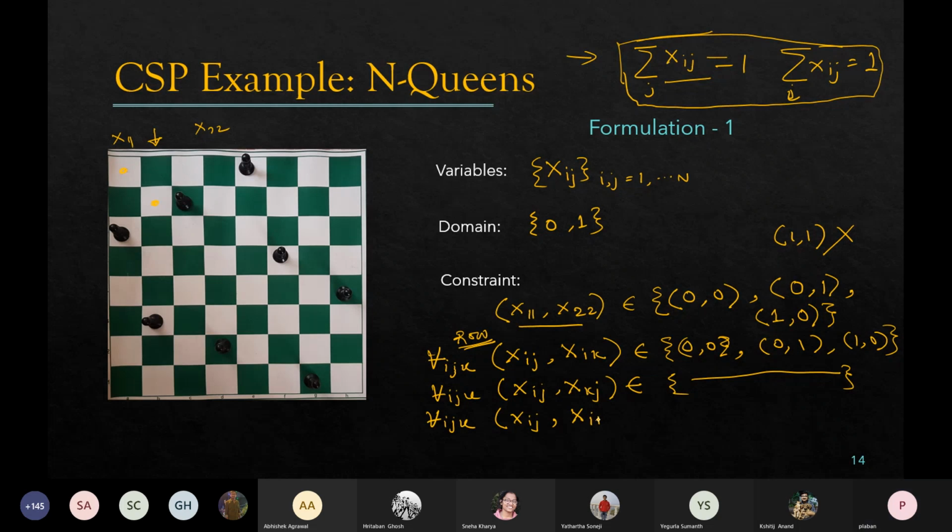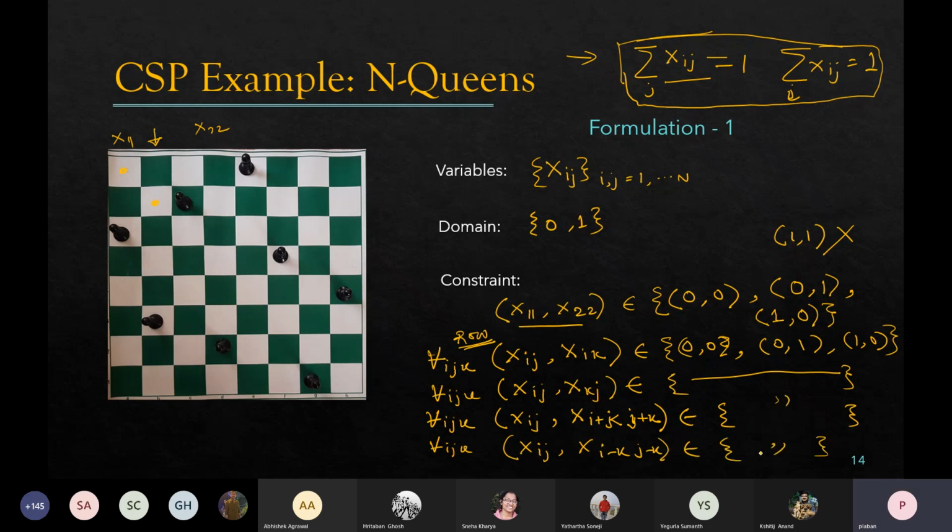So xij and x(i+k)(j+k). This should belong to the same set. And finally, for all i, j, k, the other way, right? i minus k and j minus k. This should belong to this same set. So this is one way by which we can formulate this n-queens problem as a CSP.